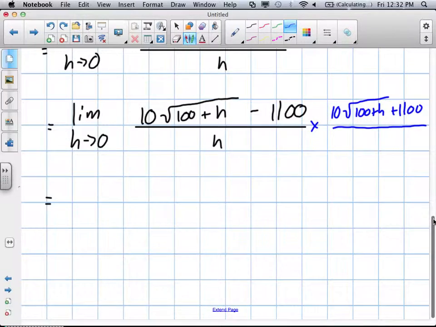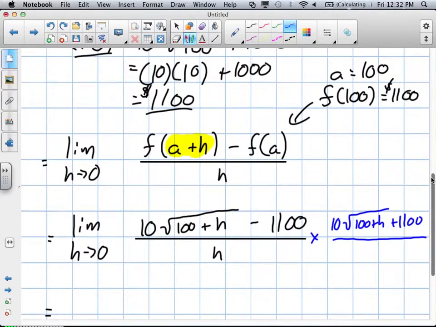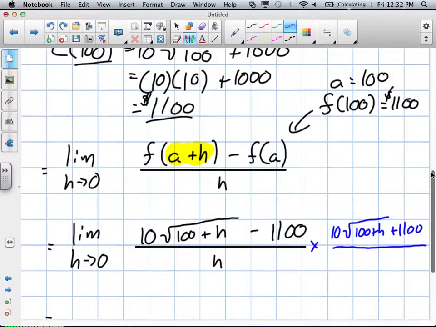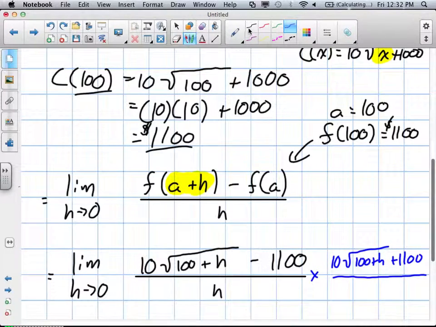Oh, did I leave something out of the formula? Sorry, I left out the plus 1,000. So before we rationalize this, I did leave plus 1,000 out. I apologize.